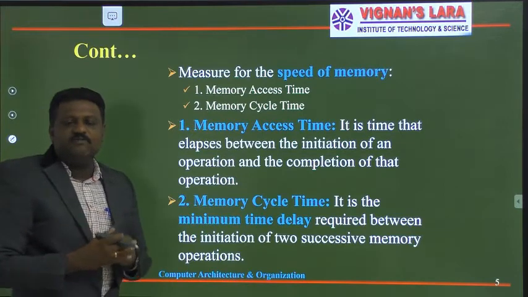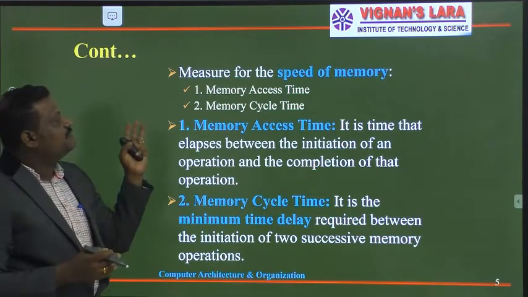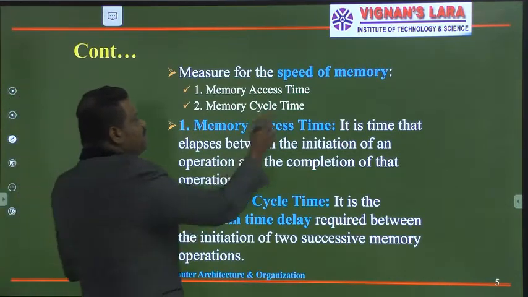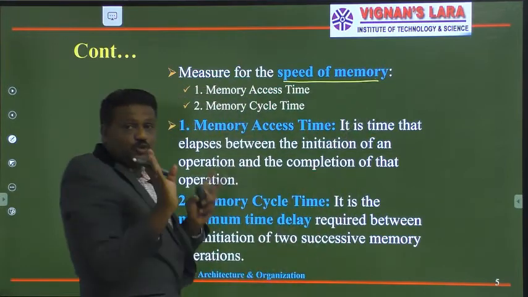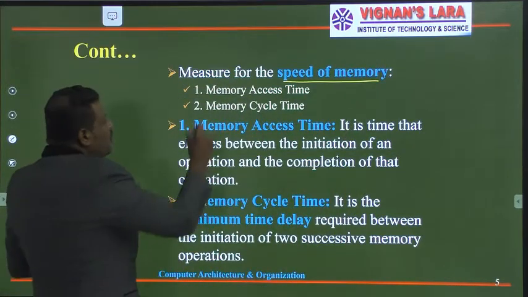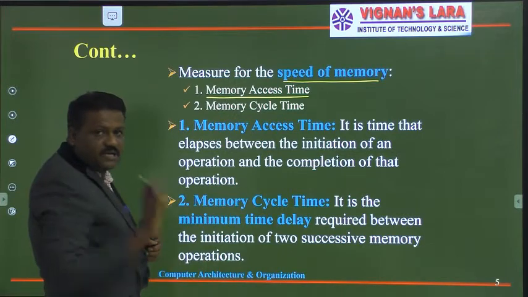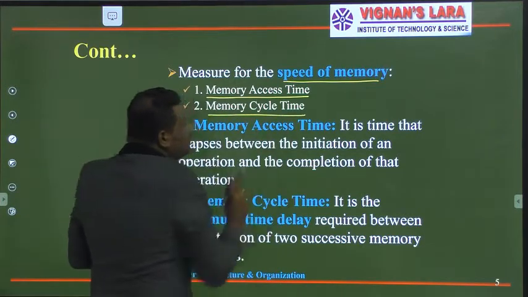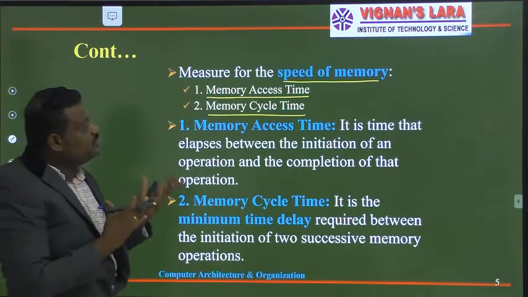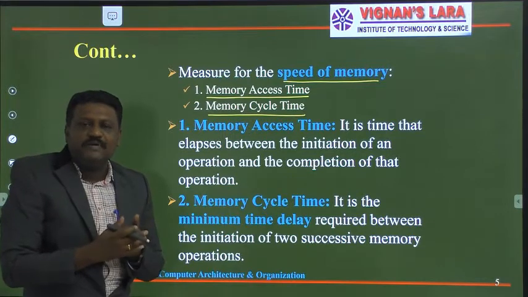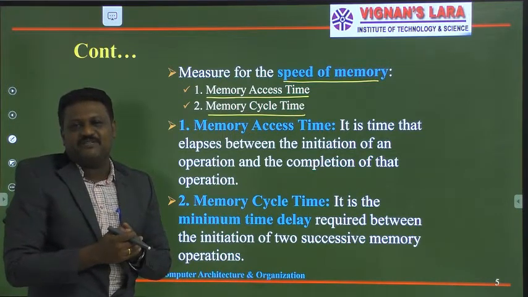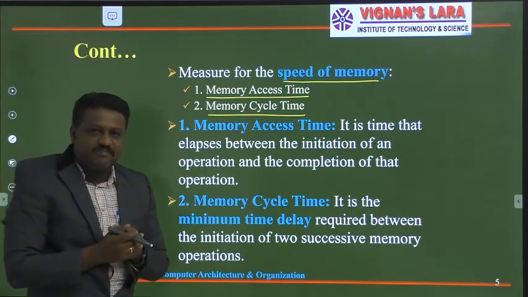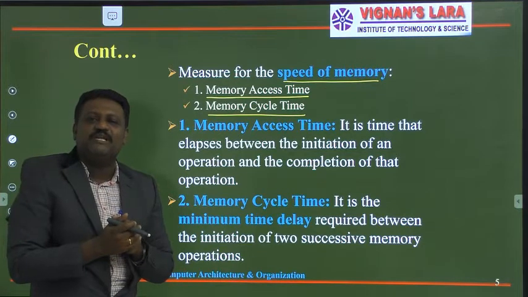Next, one more important thing: to measure the speed of memory, we consider two important parameters. One is memory access time and the second one is memory cycle time.